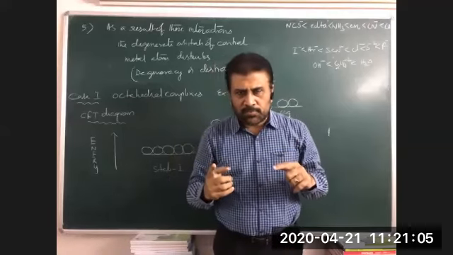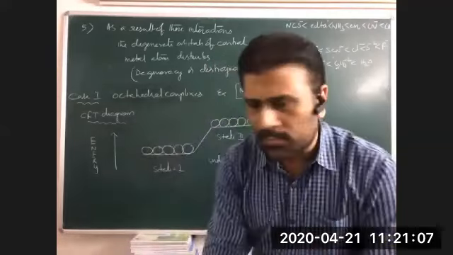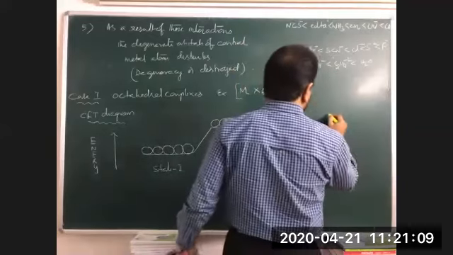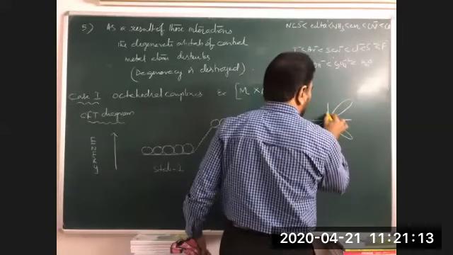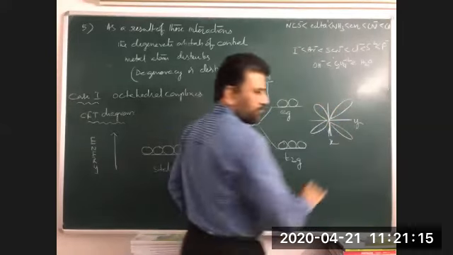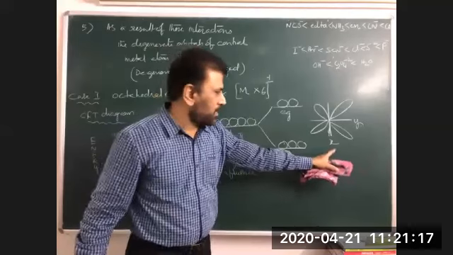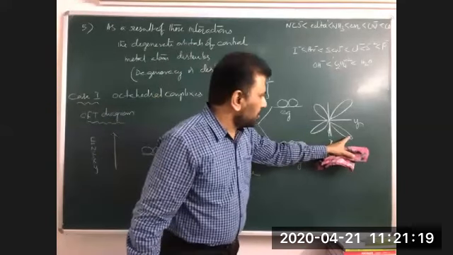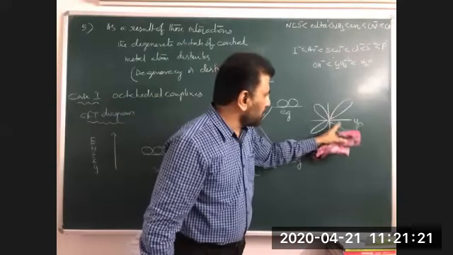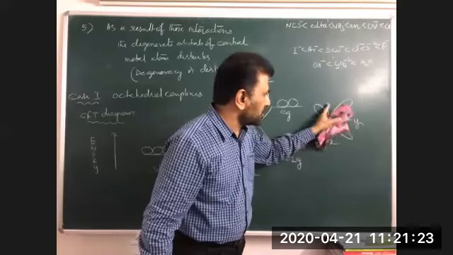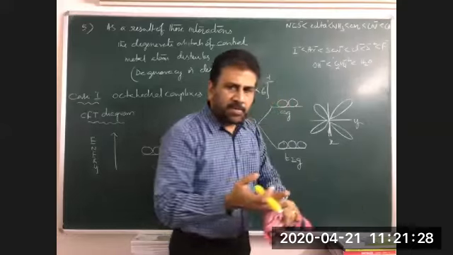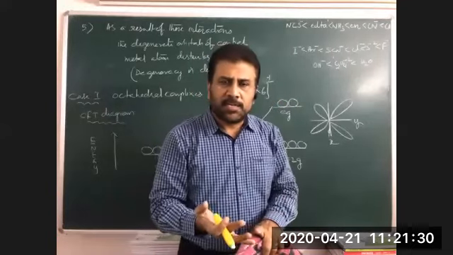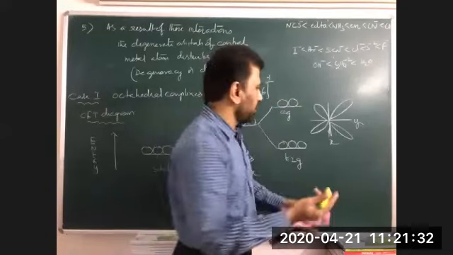I'll represent here. Look at the shape of this. This is dxy, this is x and y. So dxy orbitals are between the axis, dyz is also between the axis, dzx also between the axis.